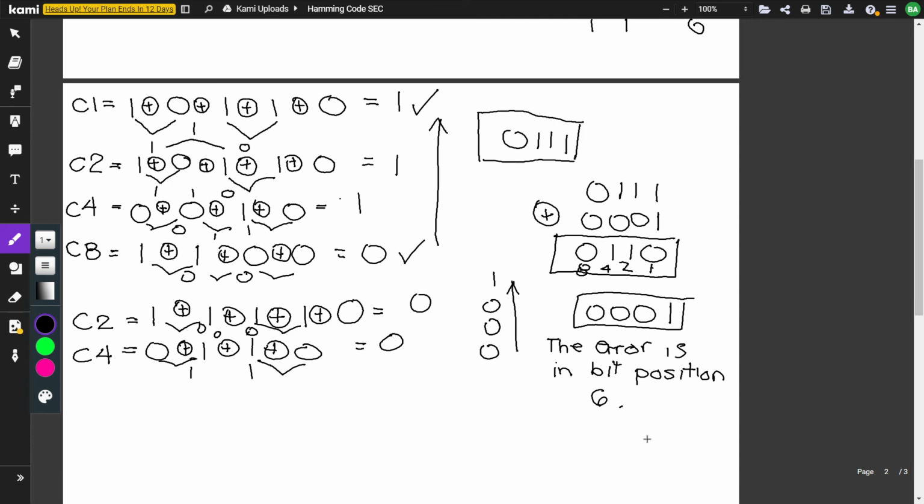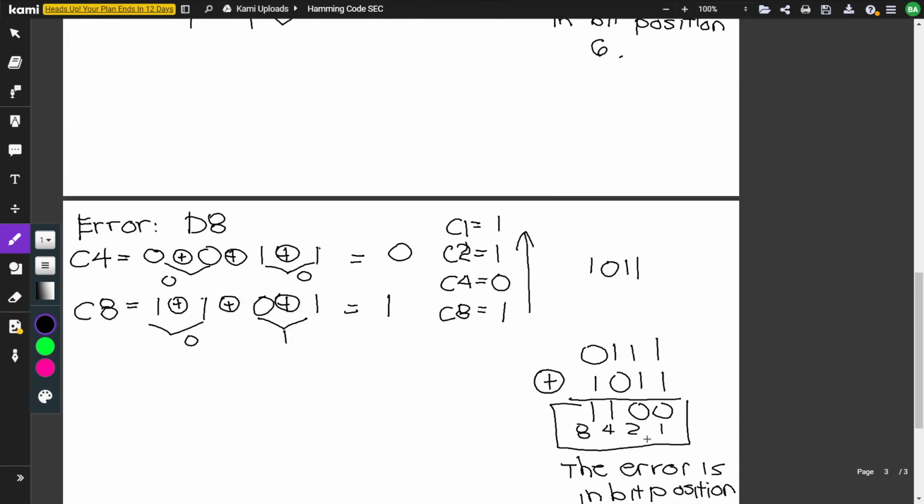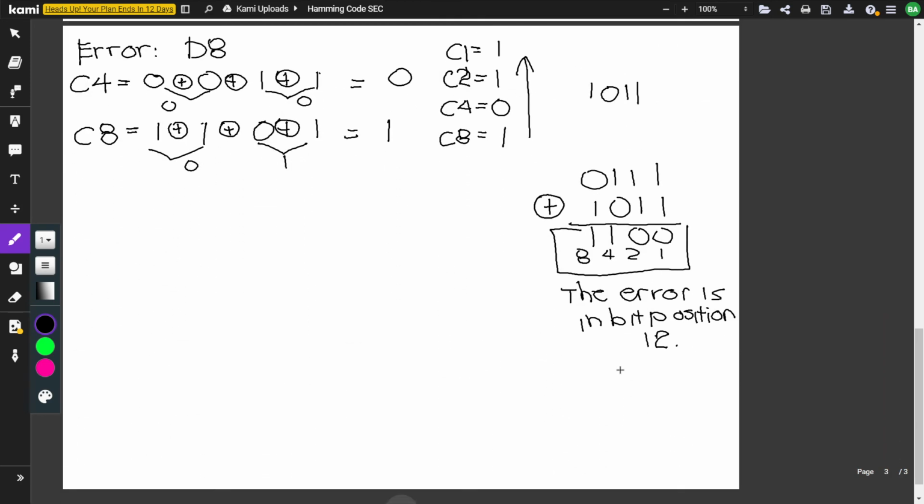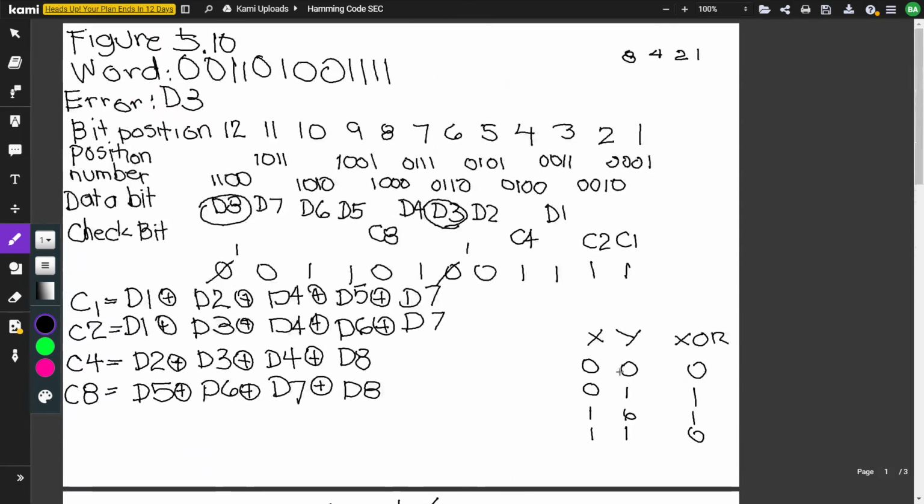So we have already proven that the error is in bit position 6. And the same goes for the error in D8, which is in bit position 12.